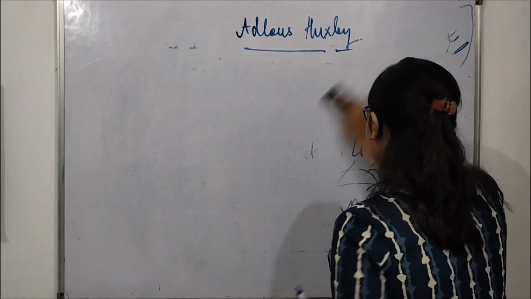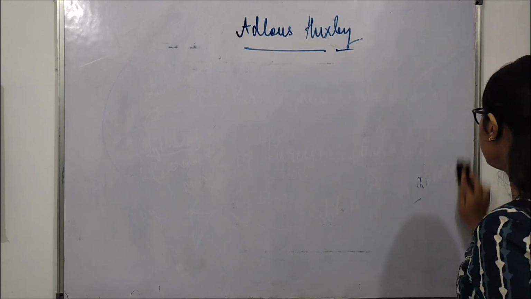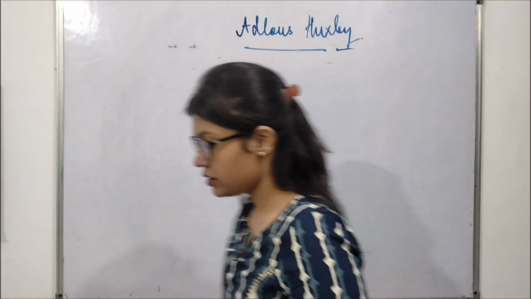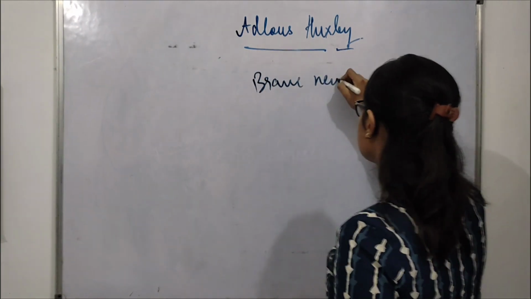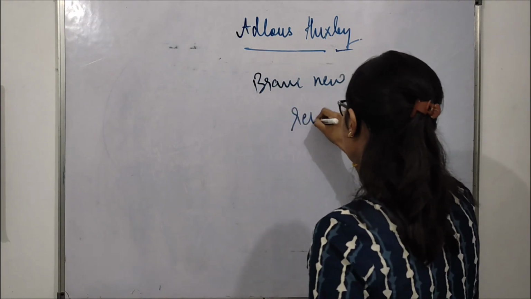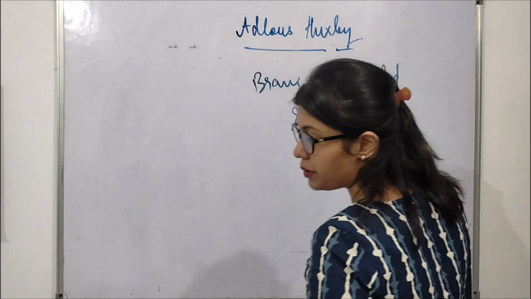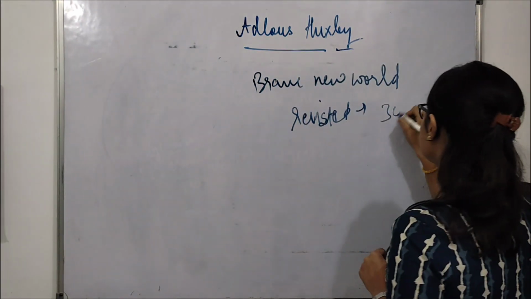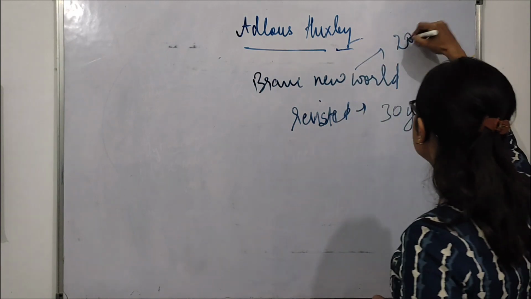Now there is a sequel to Brave New World which is called Brave New World Revisited. This didn't become as famous as Brave New World did. This was written about 30 years after, and it is set in 2040.